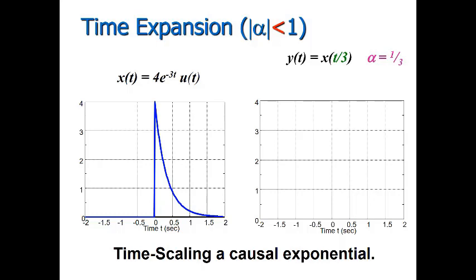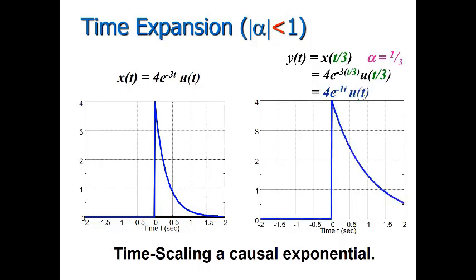If x of t is our exponential shown on the left, 4 e to the minus 3t u of t, and I do a time expansion by a factor of 3, again we'll replace all the time arguments t in the original function with t divided by 3, and simplify and find that our exponential now is no longer e to the minus 3t, but now is e to the minus 1t, an exponential that decays 1/3 as fast as the original function. Once again, for the expanded version, u of t over 3, I would argue, has the same appearance as u of t itself, and so we can just drop that extra expansion factor.